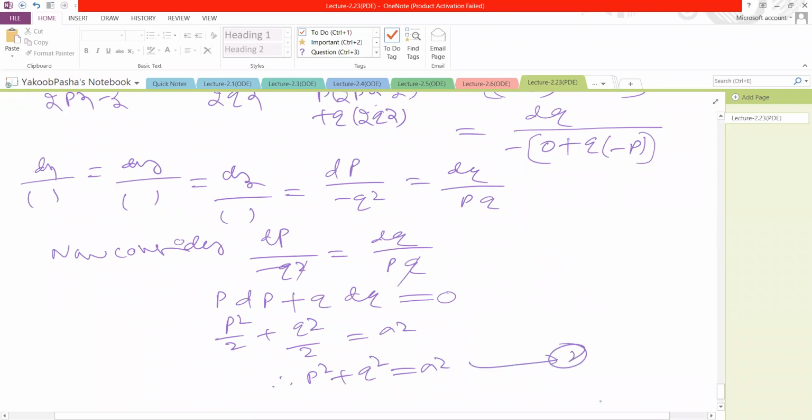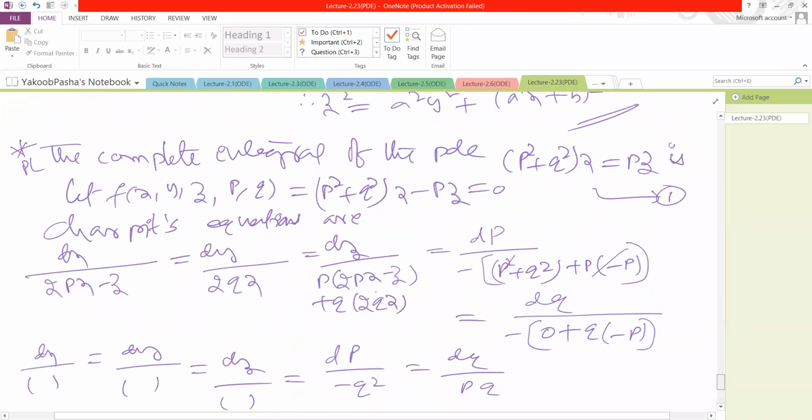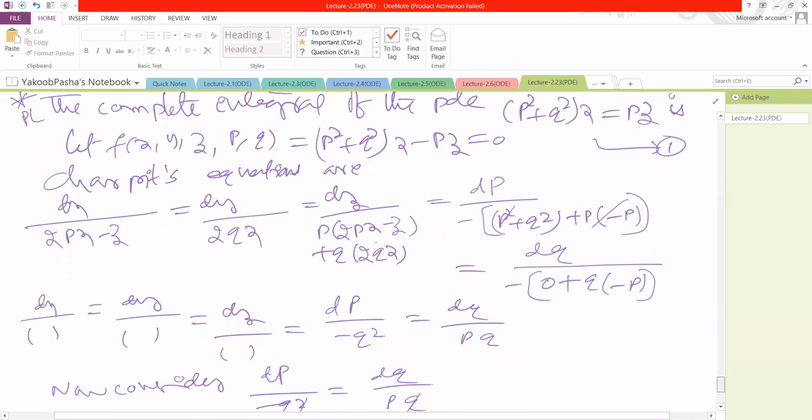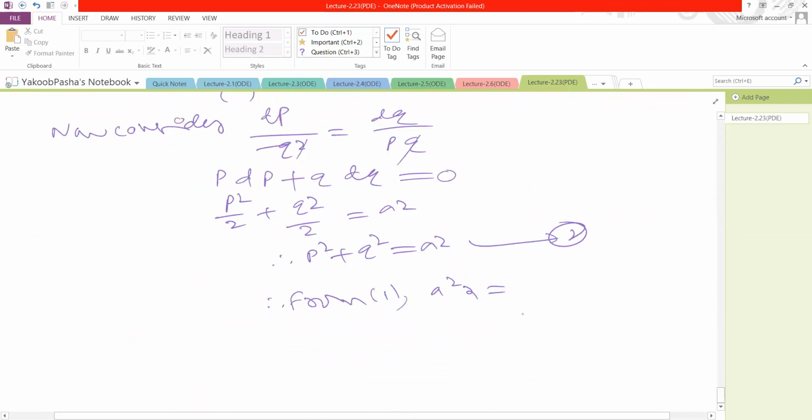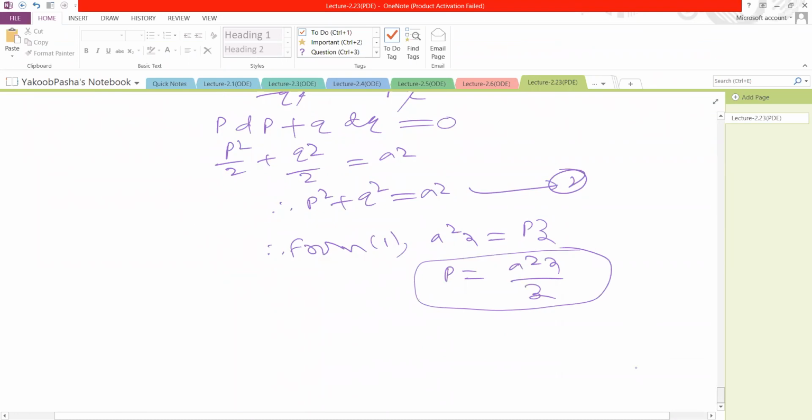Equation number 2. So substitute in equation number 1. p square plus q square into x is equal to pz. Therefore, from equation 1, p square plus q square value is a square, so a square into x is equal to pz. From this we can write p value as a square x by z. Now substitute in equation 2.